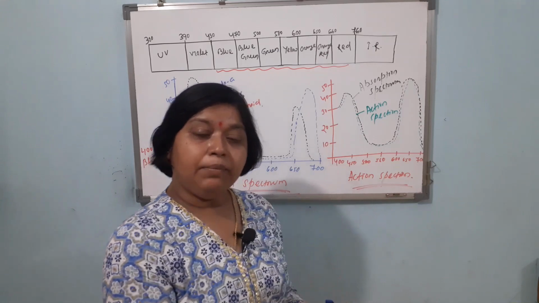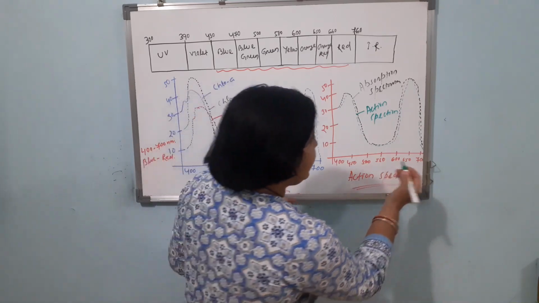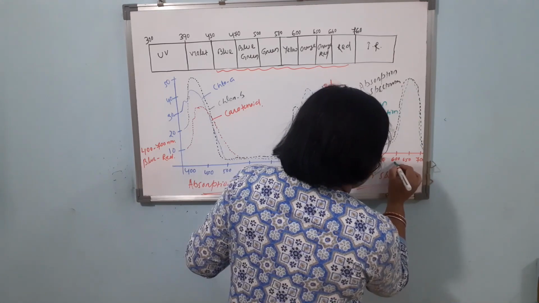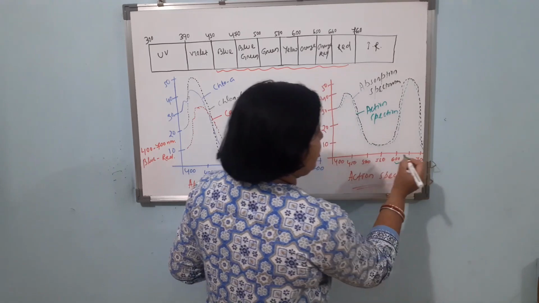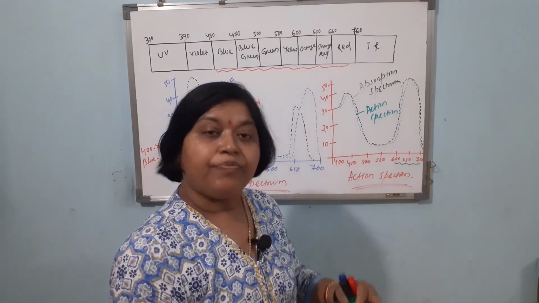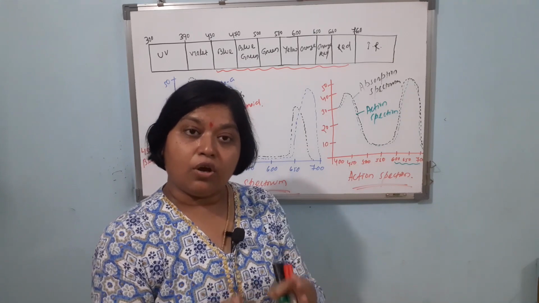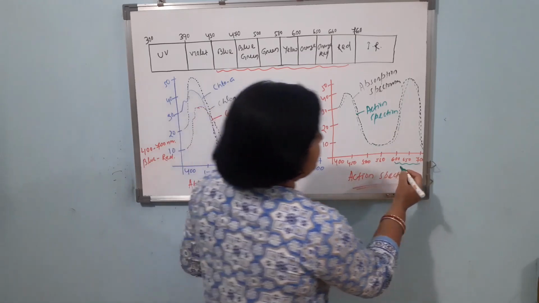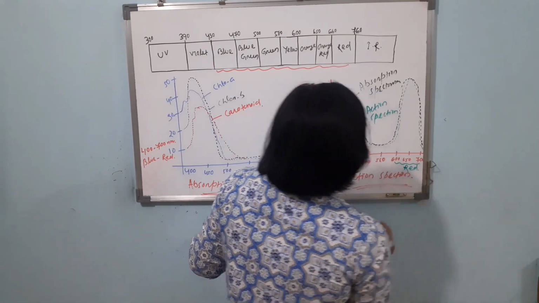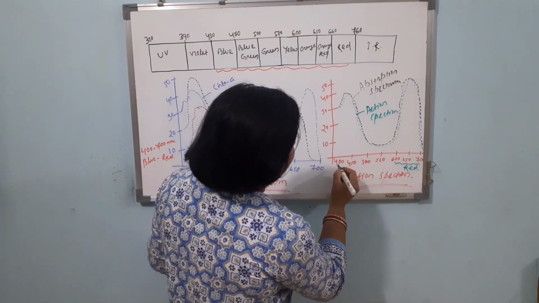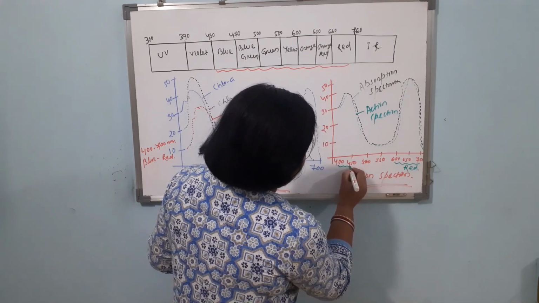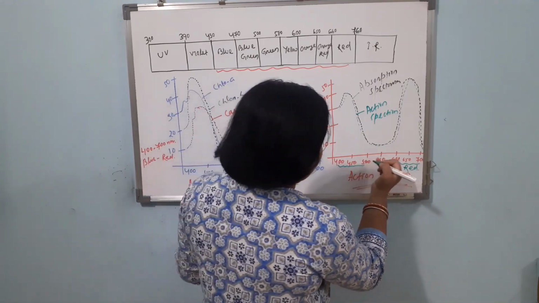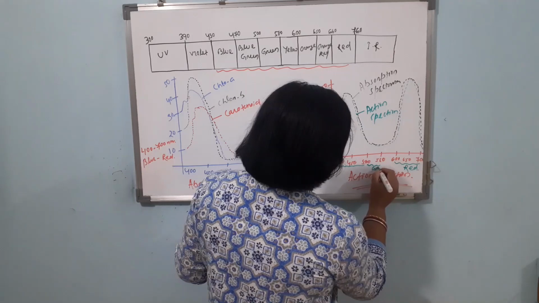The most effective and efficient light is red color, which falls within 600 nanometer to 700 nanometer. There the photosynthesis process occurs more compared to the other two regions. This is the red color region, followed by blue color, which ranges between 400 nanometer and 500, and 500 to 550 is green color.